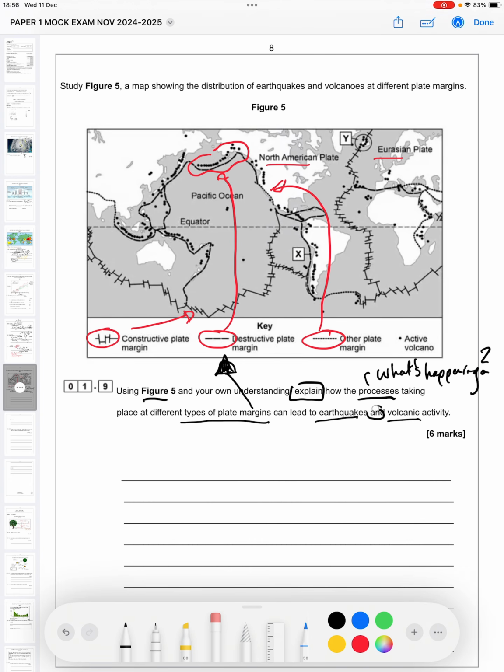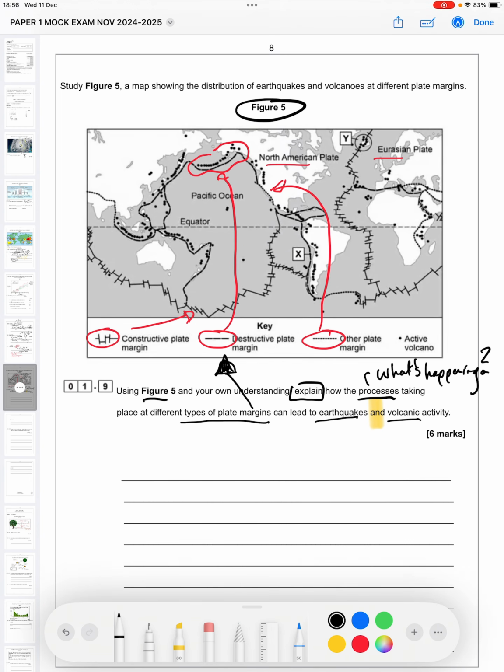What that tells us, a little bit of a tip from the examiners, is that if you do not cover both earthquakes and volcanoes, you will not get full marks. Okay. So once we've picked apart this question a little bit, what we've actually got is something very simple. Explain how earthquakes and volcanoes form. Include the figure.